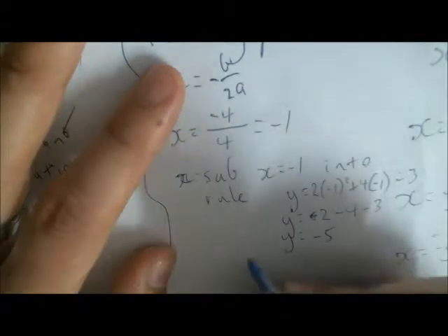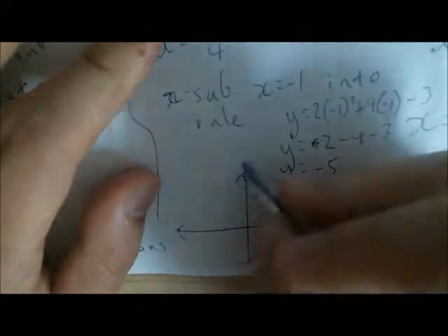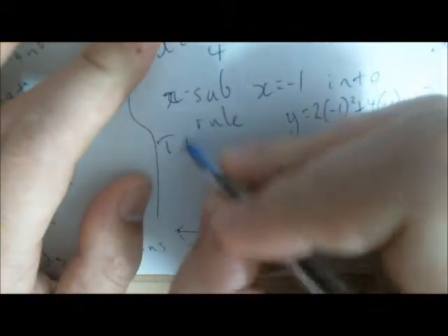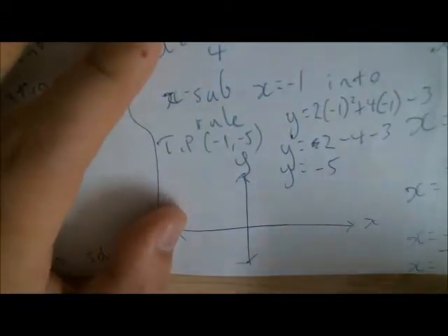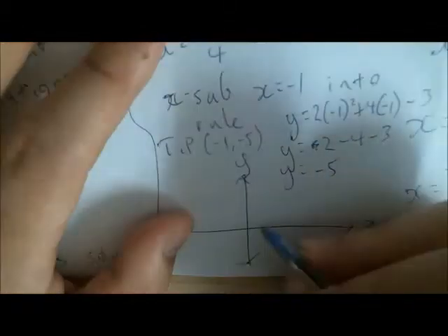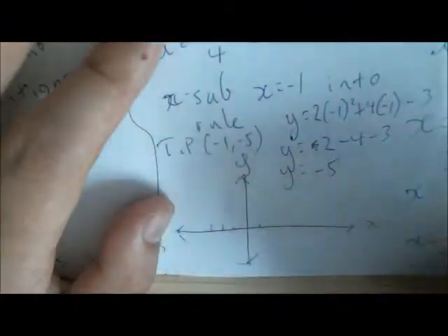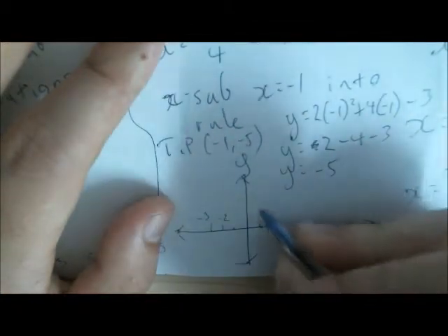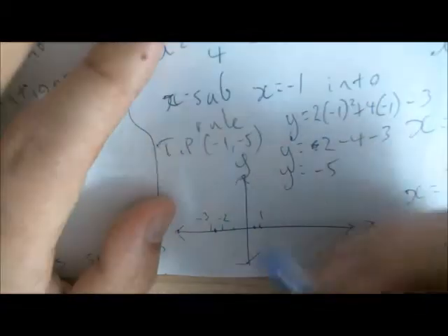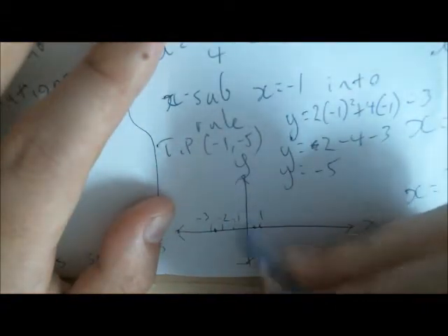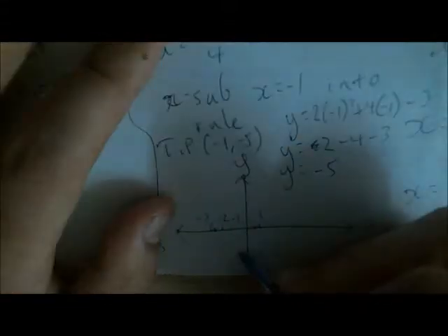Alright, so here's my graph. Y, x, TP is -1, -5. So 0.58, here's 1, here's 2, here's -2, here's -3. I'll just label them. 2.58 is roughly there, 0.58 is roughly there. -1, -5 is down here.